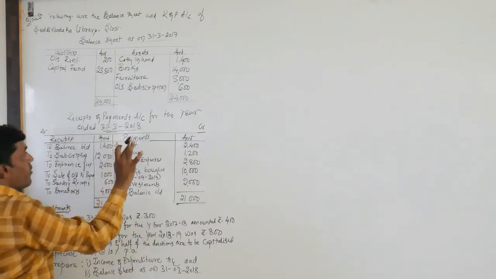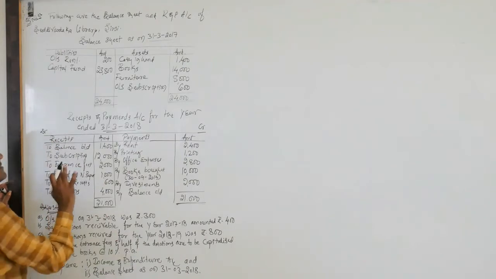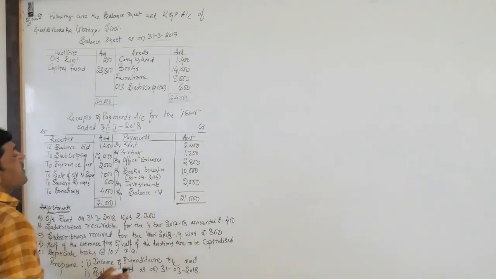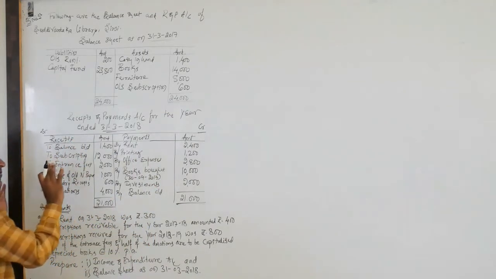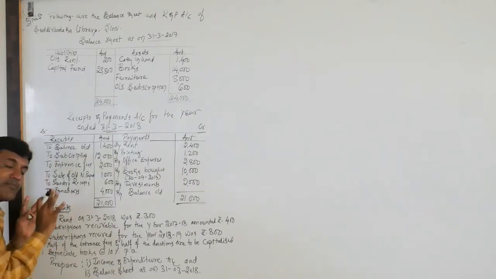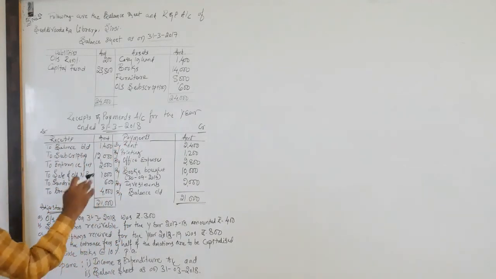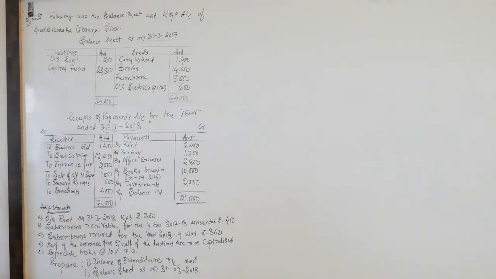So in the present year we have received certain items and we have made payments on the expenditures. These receipts include some revenue receipts as well as capital receipts. Along with these payments, you can also see some revenue expenditures and some capital expenditures.